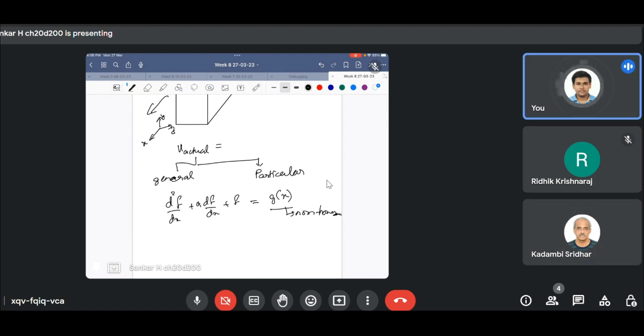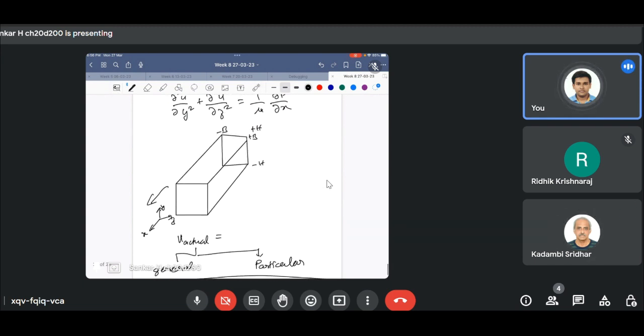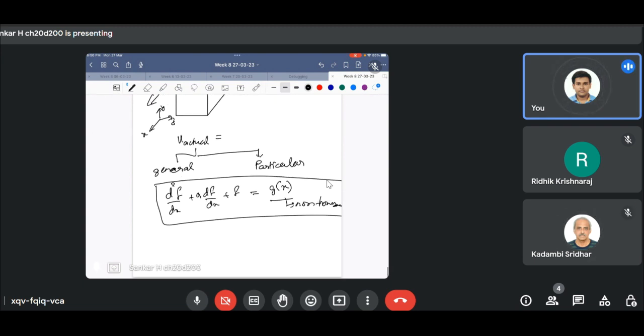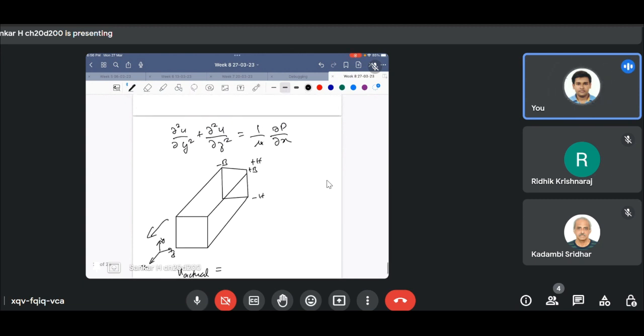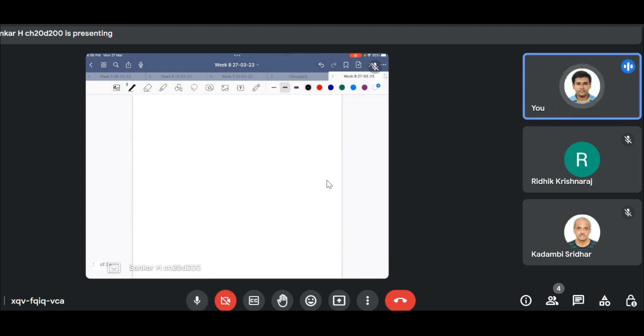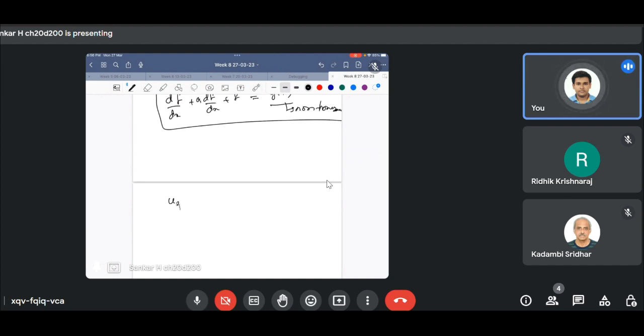Similarly, we put the same idea into solving such a system of partial differential equations, where we say that u general solution is just a function of y and not a function of z, whereas a u particular solution will be a function of y and z.